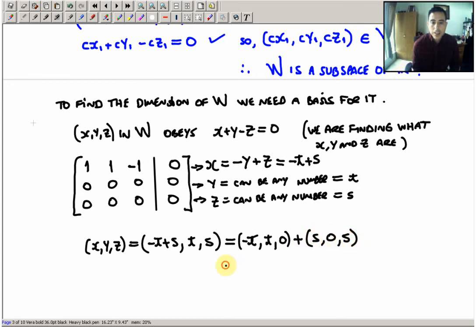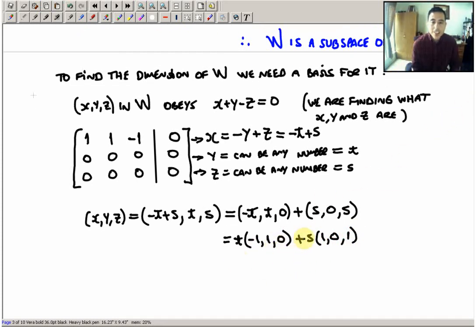And then factor t out, and factor s out. So here it is. Now we can see what vectors are generating W, or spanning W. These are the two vectors, negative 1, 1, 0, and 1, 0, 1. Those are the two vectors that are spanning W.